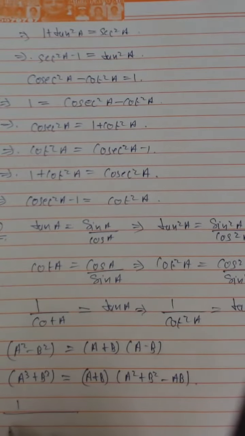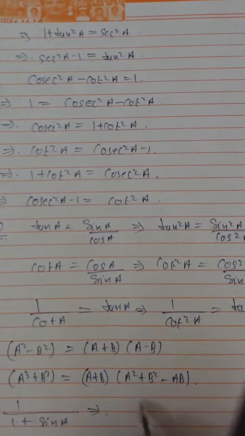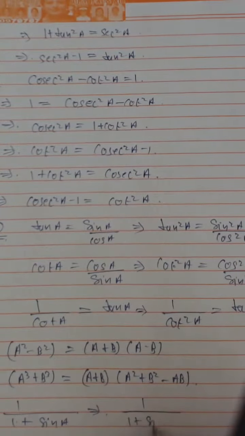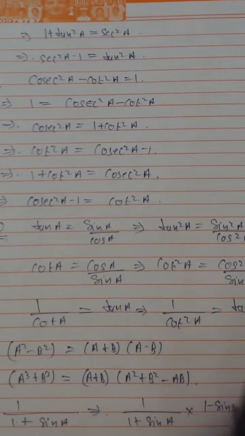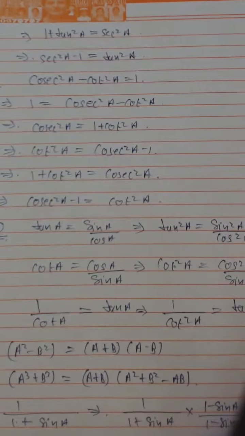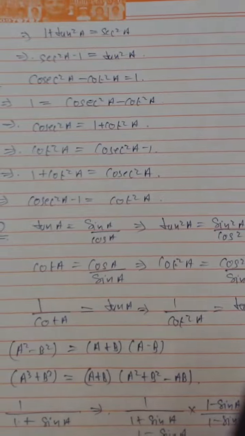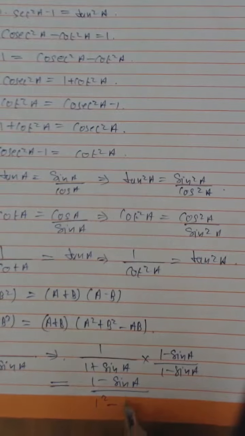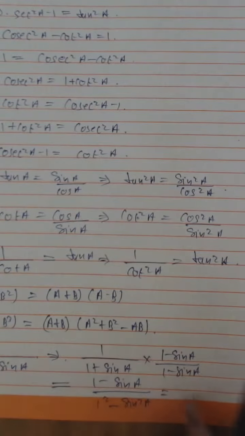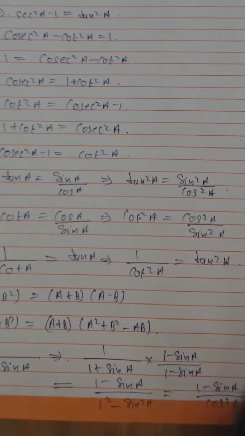One more thing, suppose we have 1 upon 1 plus sin A, we can rationalize it, same as we did in class 9th. We rationalize the denominator, so we multiply it by 1 minus sin A, and it will give you 1 minus sin A over 1 square minus sin square A, that is 1 minus sin A over cos square A.